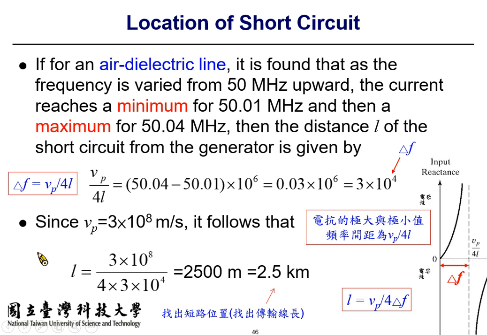And we know that Vp equals 3 times 10 to the 8th. 好了，我们不是用这个式子，我们是用这个式子啦。So 3 times 10 to the 8th divided by 4 and divided by 3 times 10 to the 4th, and it ends up as 2500.